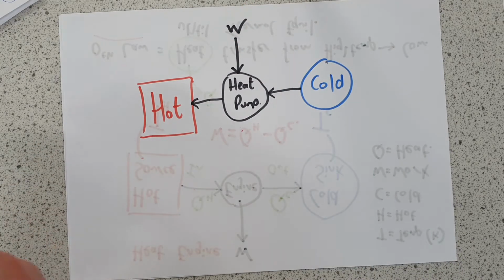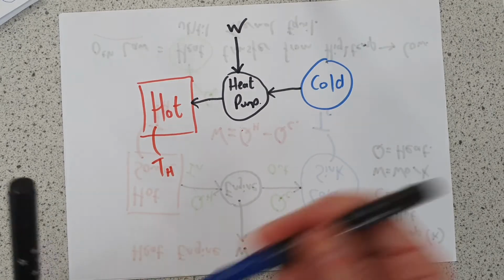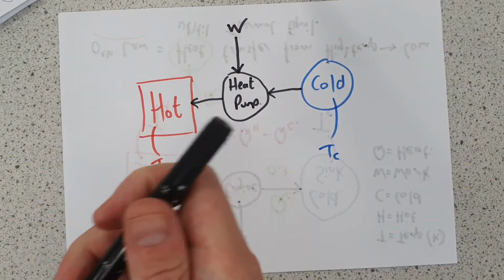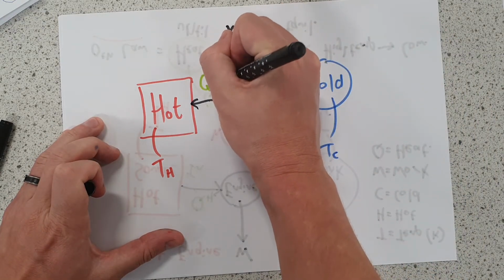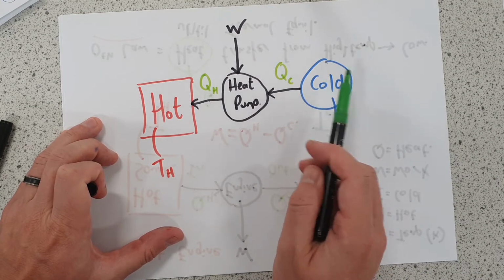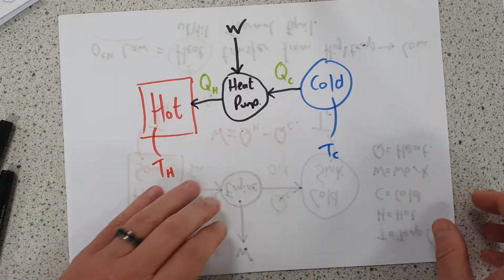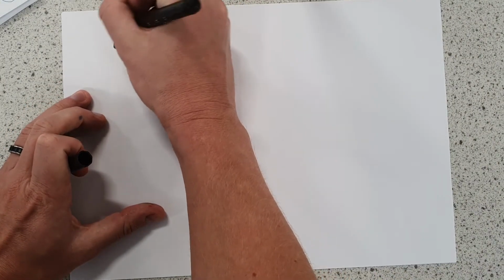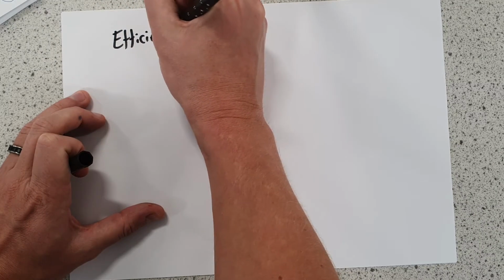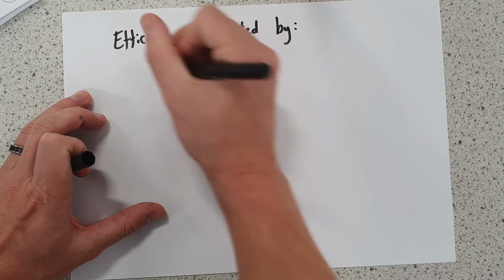Okay, now the same principles apply in terms of temperature is high, temperature here is low or cold, and heat is still involved. What this allows you to do though is it allows you to extract heat from here and move it to here, and the same principles apply. Now what we understand at this point is that the efficiency of any system is limited by two factors.